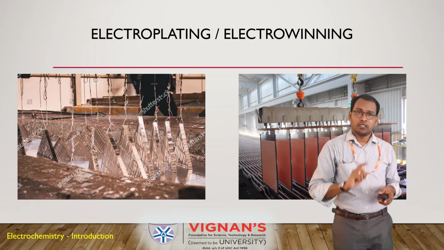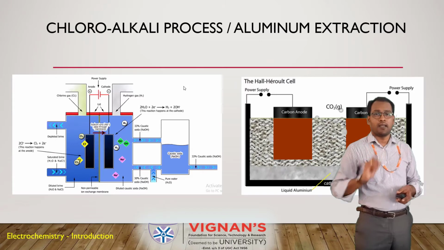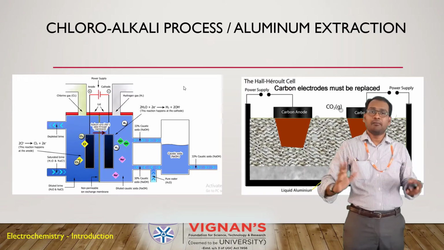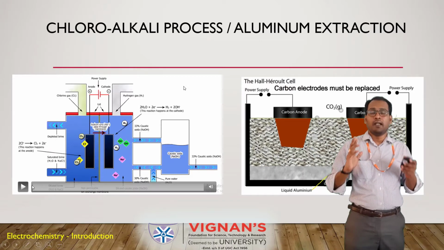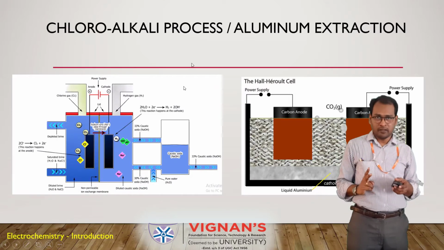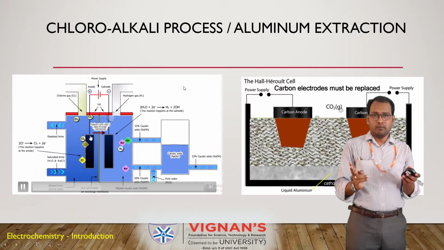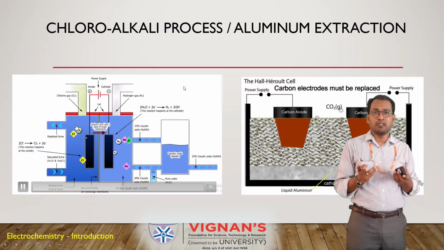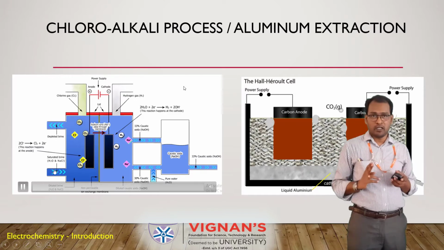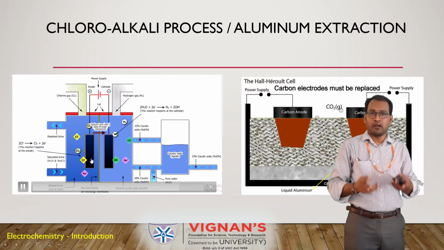This is another application of electrochemistry, and the application we are going to see here is the chloroalkali process. This is a very large industrial process which gives you two different products simply by breaking a brine solution by applying electricity. Brine solution is nothing but sodium chloride dissolved in water.